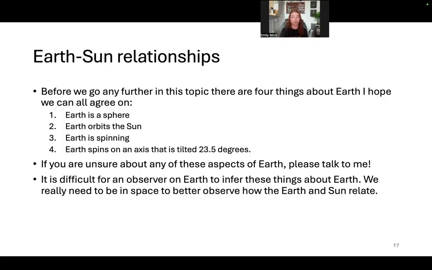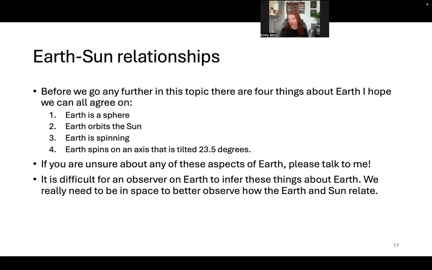We have evidence on multiple data sets that the Earth is a sphere. We also know that Earth orbits the sun. We also know that Earth is spinning. We saw this in the hydrosphere when I had to pull up the spinning Earth GIF to show you.